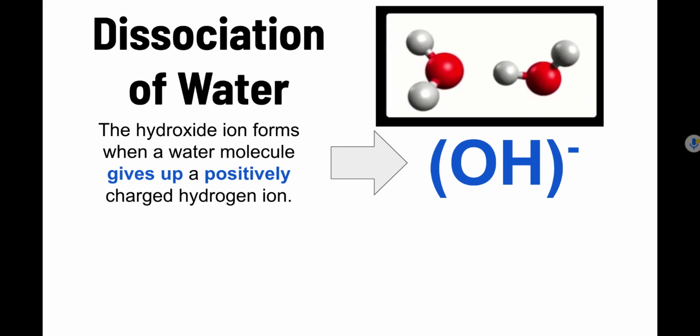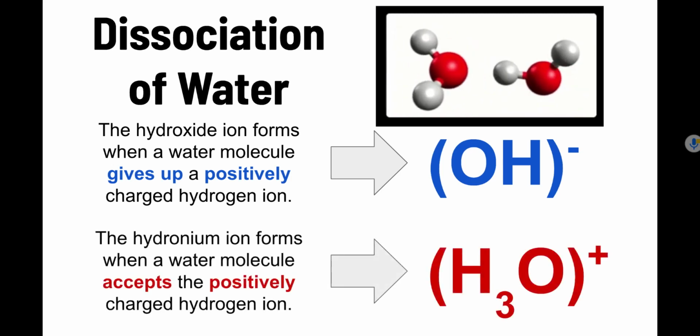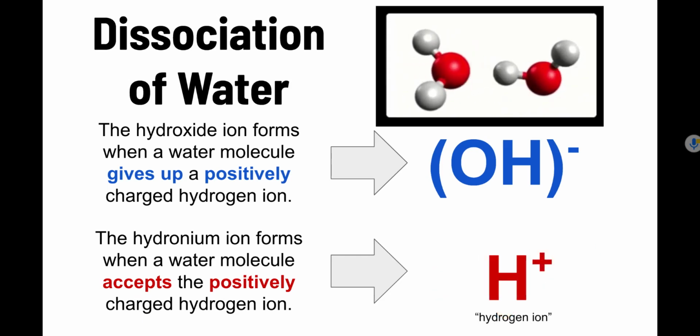Giving away something positive makes it have an overall negative charge. The hydronium ion is formed when a water molecule accepts the positively charged hydrogen ion. Receiving something positive makes it have an overall positive charge. Now, sometimes you see the symbol H+, and this refers to the hydrogen ion that moved from one water molecule to the other.